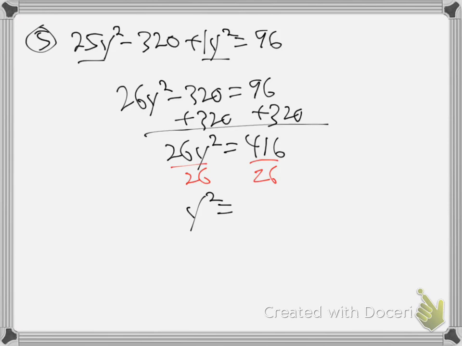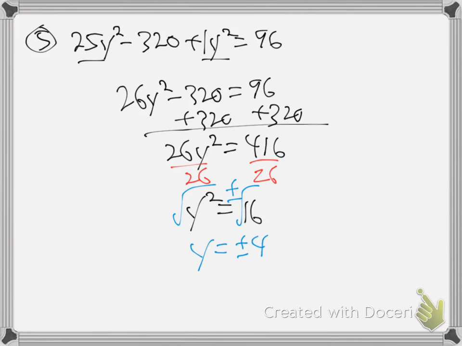No. I don't know. 16? 16, isn't it? Yeah. That's nice. That's when you know this problem's working out, right? So, all right. Then you go, okay, square root, up and down the ladder. y is plus or minus 4.